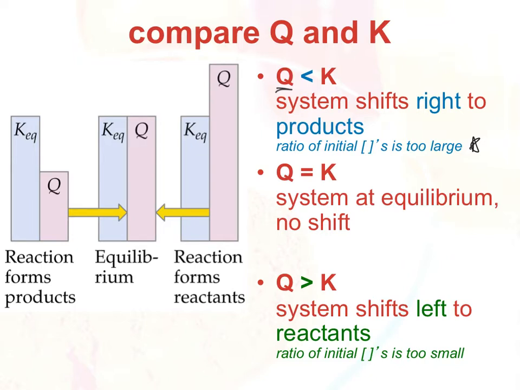If Q is equal to K, the system is at equilibrium, so no shift is needed because you're already there. Finally, if Q is greater than K, the ratio between your initial concentrations is too large, so your system needs to shift to the left, towards the reactants, in order to reach equilibrium. So by comparing Q to K, we can figure out what needs to happen for equilibrium to be reached.